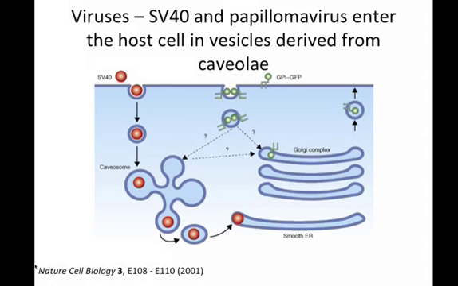So this example here is just showing that some viruses, SV40 specifically, and papillomavirus get into the cell through caveolae. And so the question from Tyler was how? What's the mechanism? I can come up with some ideas, but I don't really know.